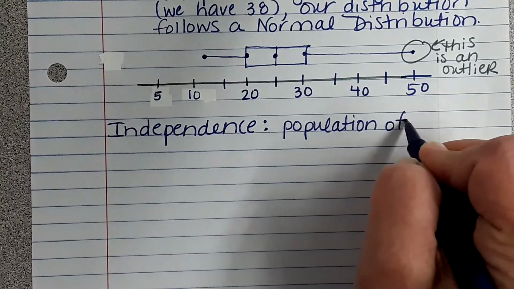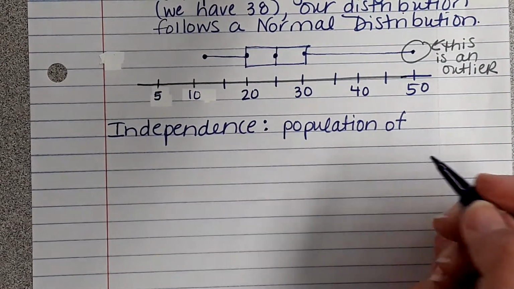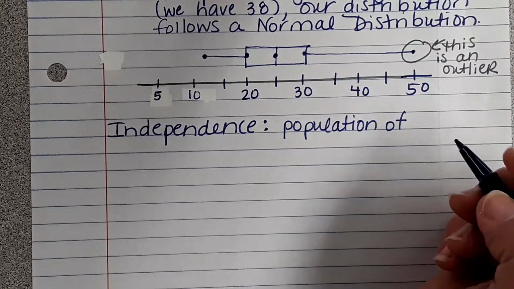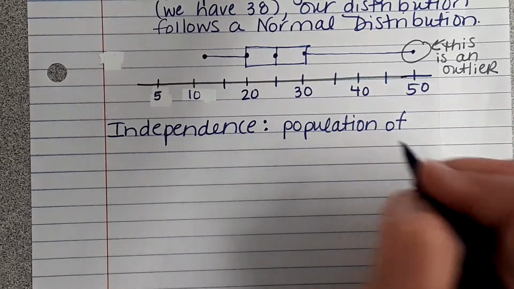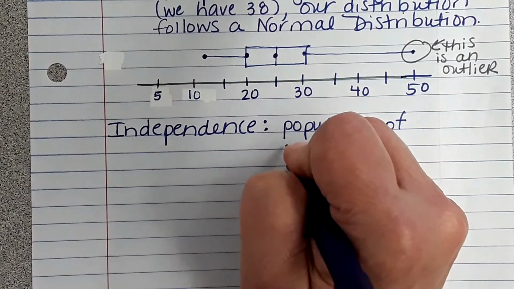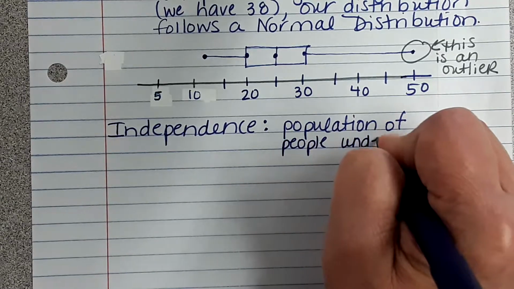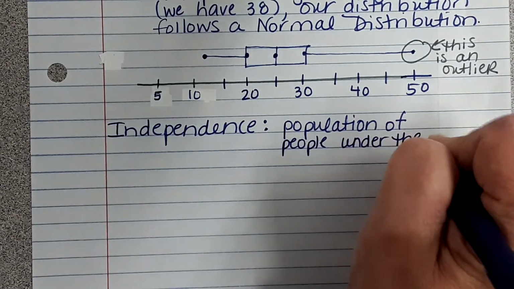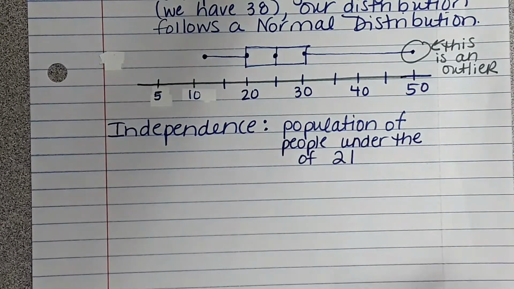Population of patients under the age of 21. Who came to, correct, HIV? Yes, but our population is the people under the age of 21.